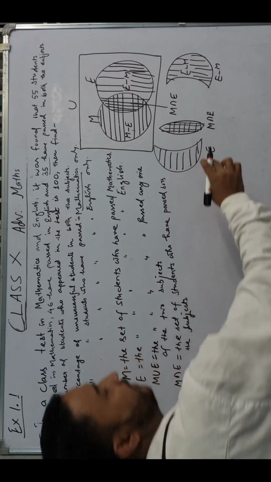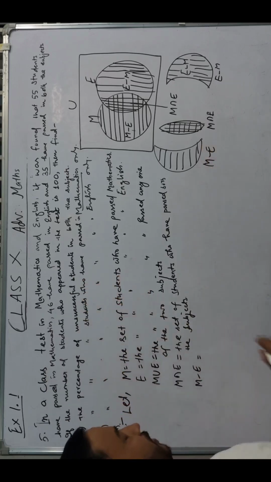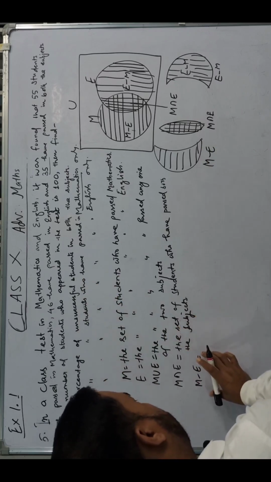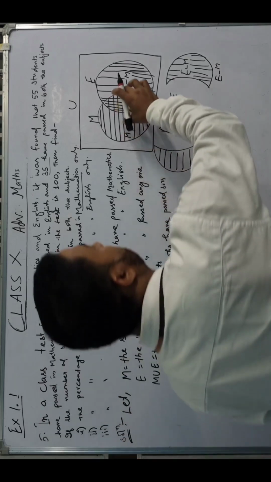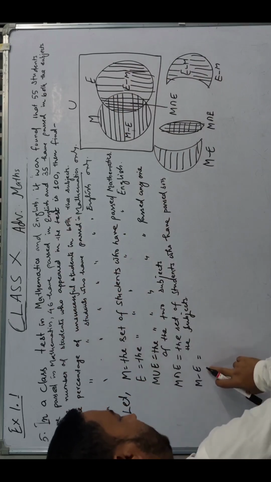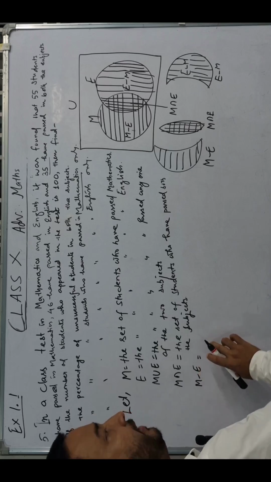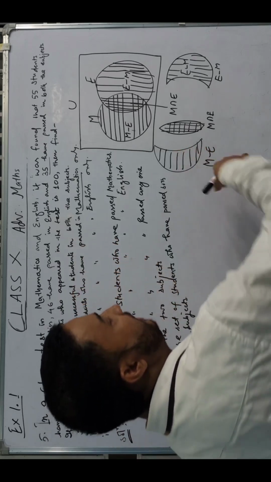Right. Now, can you tell me what will be M difference E? Why am I writing this thing? Because if you can differentiate this thing, then it will be easy for you to get the answer. Okay. Now, what is M difference E? M difference E is the set representing the students who could clear the math subject but could not clear the English subject.